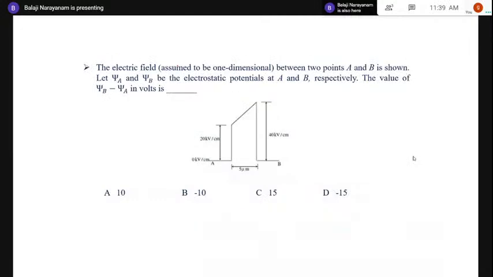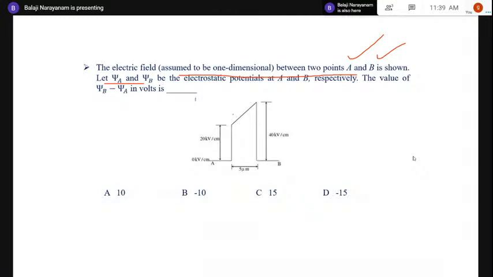Now the next problem: the electric field between 2 points A and B is shown here, and let Xi A and Xi B be the electrostatic potentials at A and B respectively. We are asked the difference in the electrostatic potential in volts.